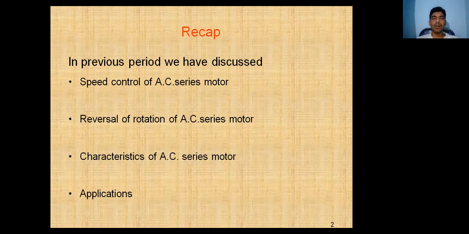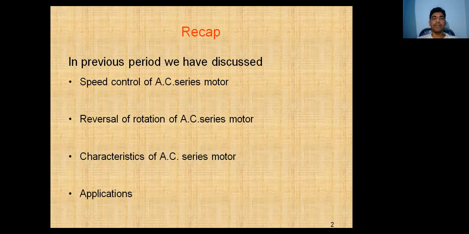A DC series motor can't run on AC because in DC only dynamically induced EMF is induced in the armature, but with AC, along with dynamically induced EMF, transformer EMF is also present in the armature.